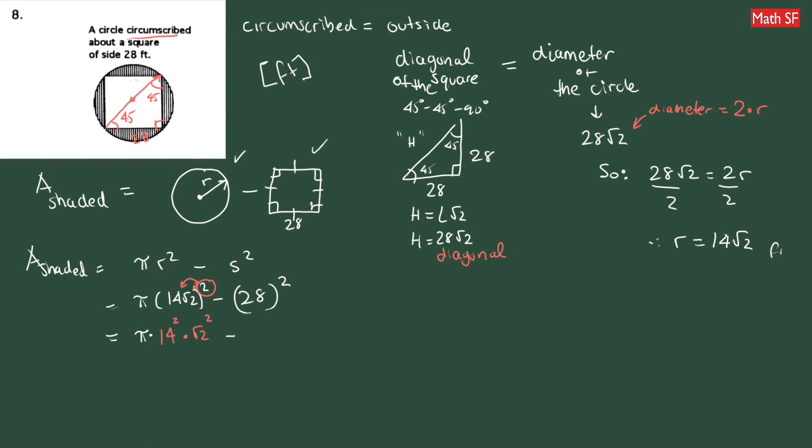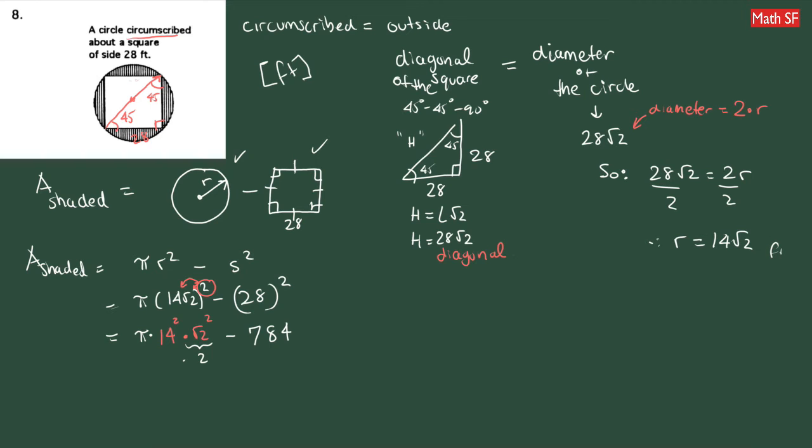I crunch that on the calculator, and I get that this is 784. Now I'm going to do this part here. Square root of 2 squared is 2, times 14 squared. What is 14 squared?